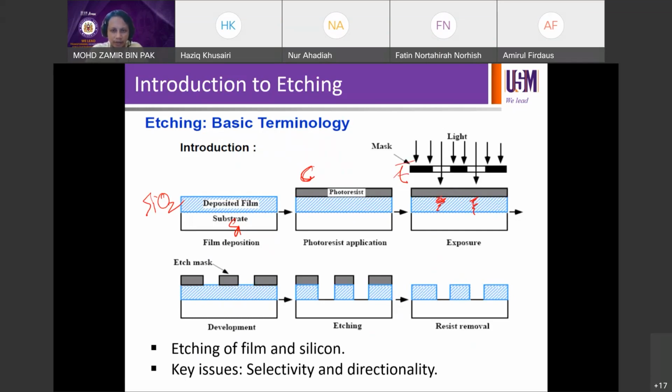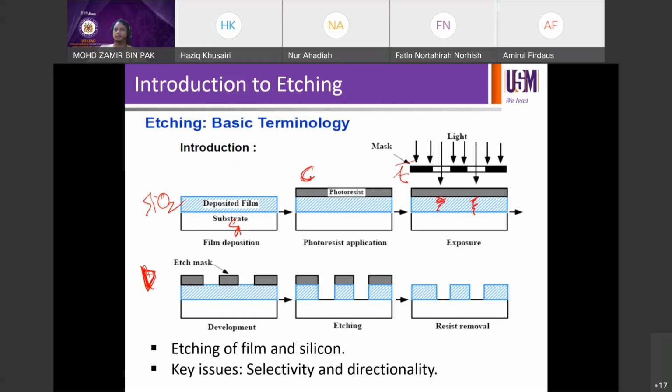Then you develop the resist. So now, if you develop this resist, is this resist positive or negative? Look at this step, relate to the exposure step. The resist that we use in this case, is it a positive resist or a negative resist? Anyone? Revision to lithography.